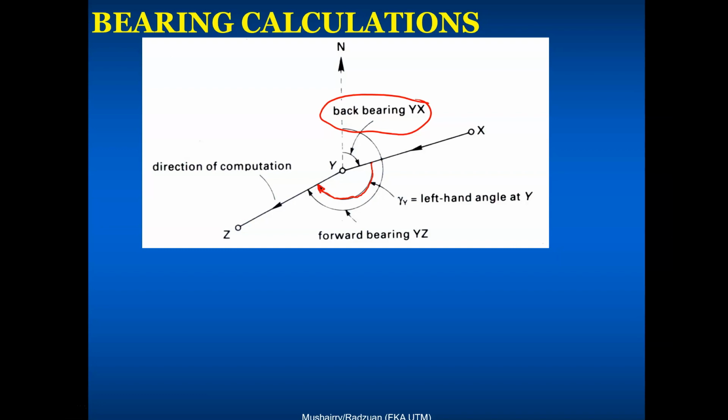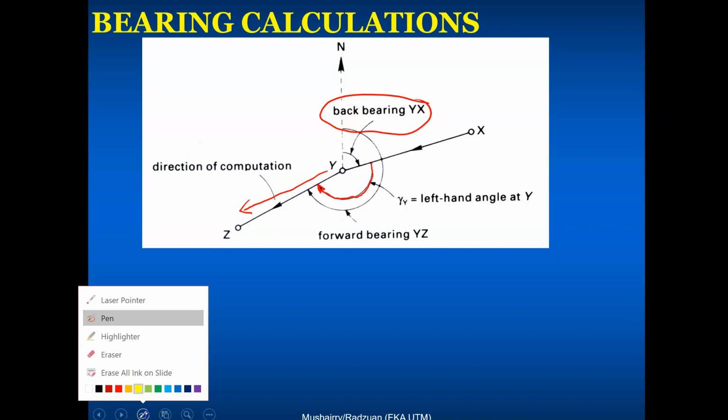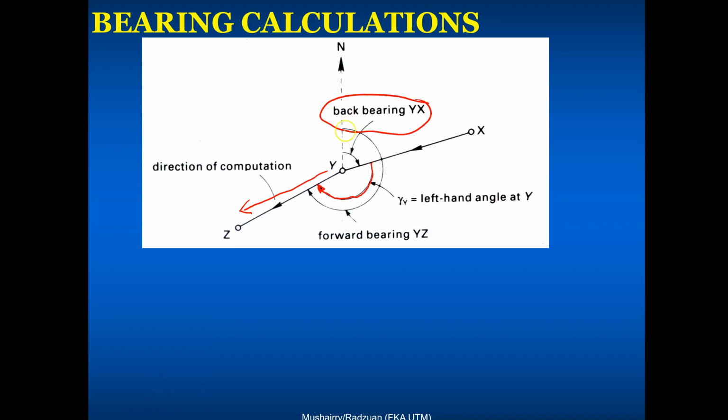The angle that you observe is called the left-hand angle. To calculate the bearing for that line, I'm going to change color now, probably use green. That angle there is the bearing, the one I've written in green, from north.